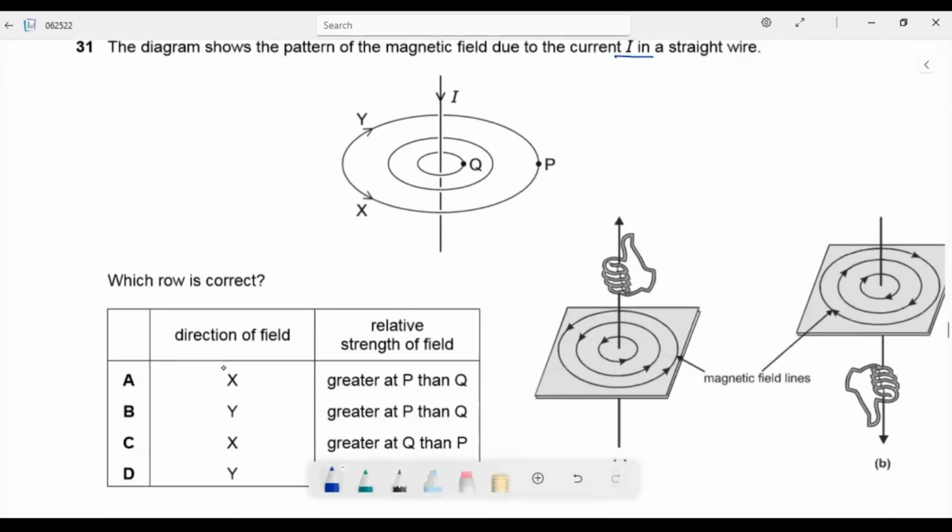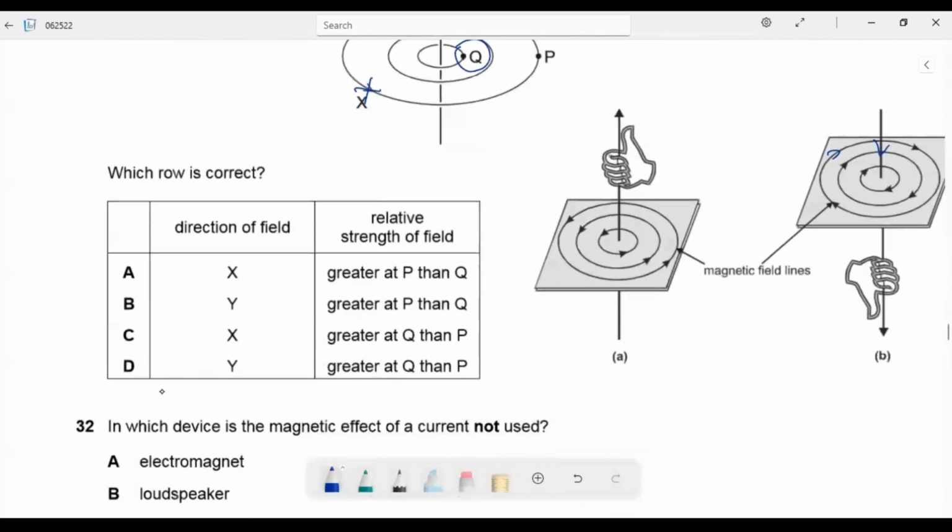When the current is flowing in the downward direction, the field will be generated in this path, that is towards right. So here two things are given, Y and X. X is wrong, Y is the correct direction. And at point Q, the field lines are close together. So the strength of magnetic field will be more at point Q.